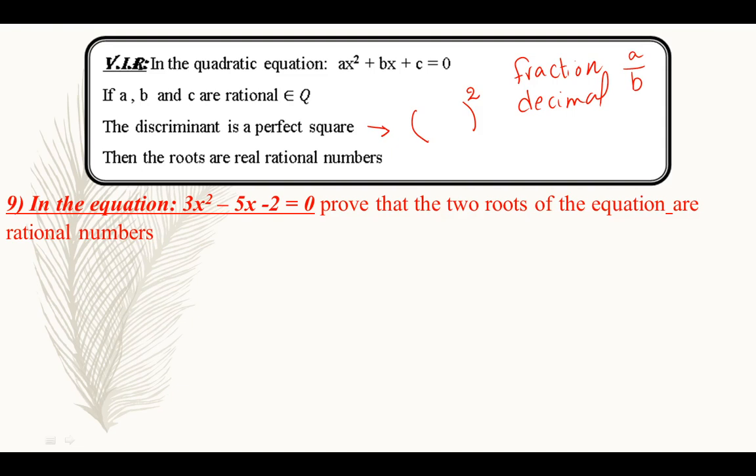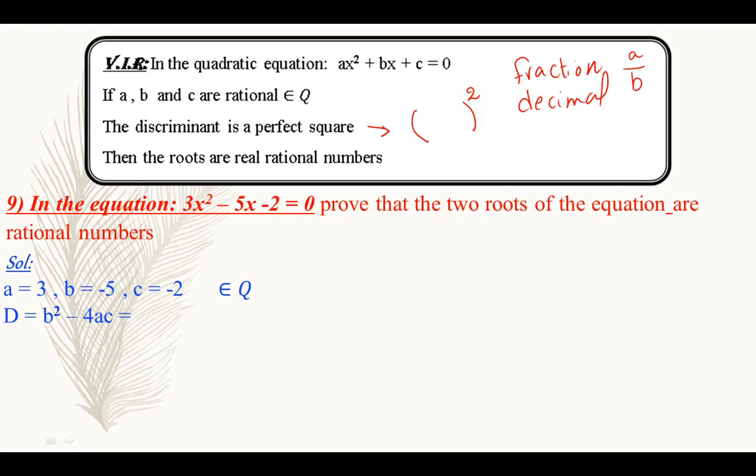We all know that all the natural numbers and all the integers are subsets of Q, which is the set of rational numbers. So a equals 3, b equals negative 5, c equals negative 2, all of them belong to Q.